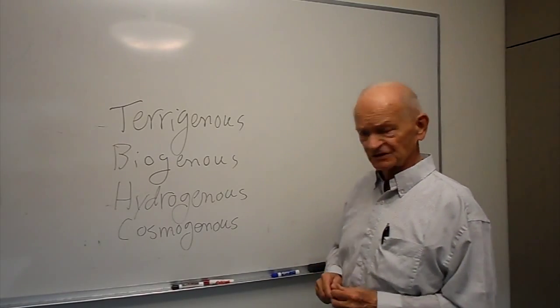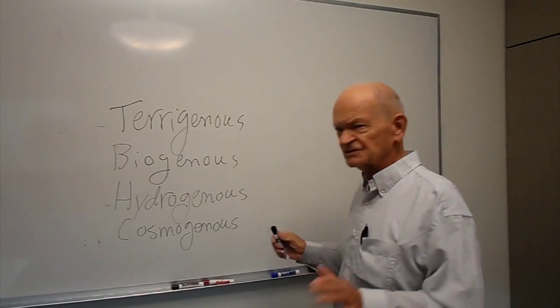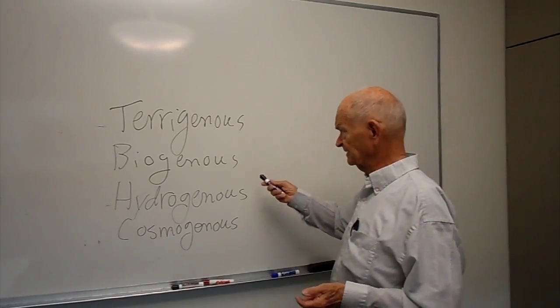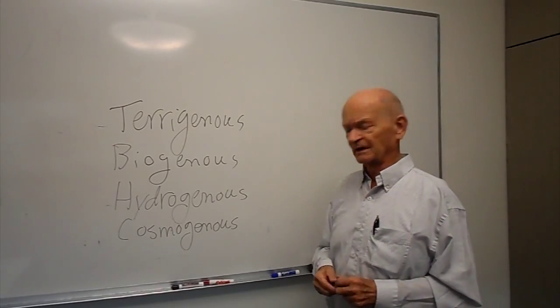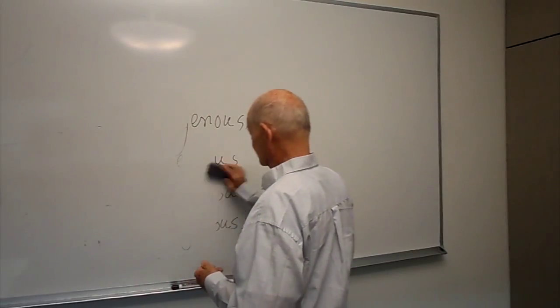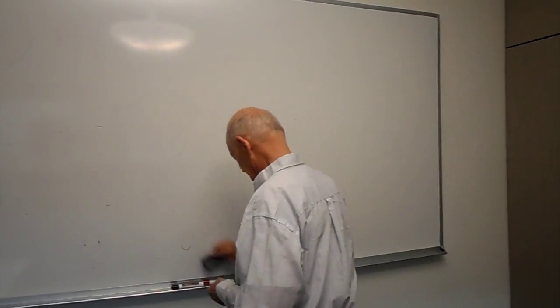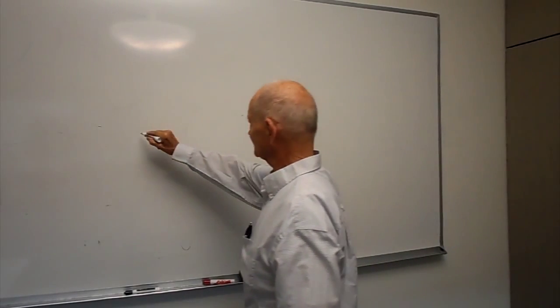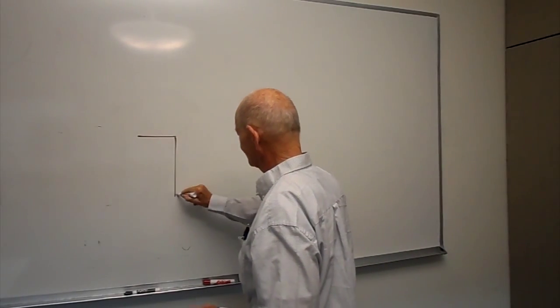Well, let's take a look at the terrigenous, which again, remember, is the largest volume of sediment, but it's not as widely distributed because most of it is going to be piled up at the edge of the continents. Much of this is going to come from streams, so let's take a brief look at a river, a stream coming in, very simplified.